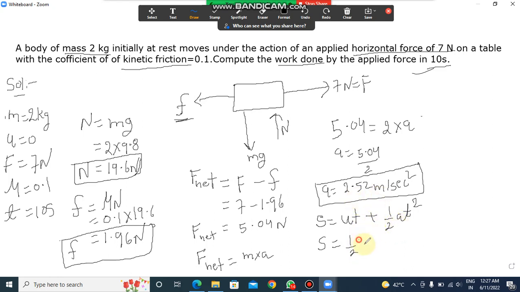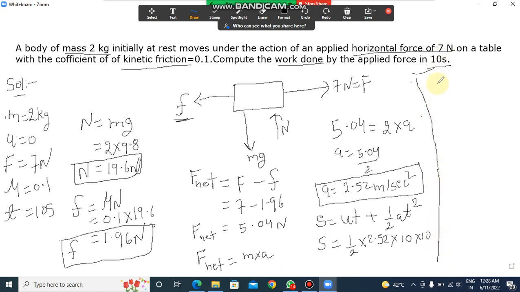We have calculated a, which is 2.52, and t is 10 into 10. We will calculate all the things. I will make it simple for you. I'll draw a line to subdivide it, so you will not get confused.